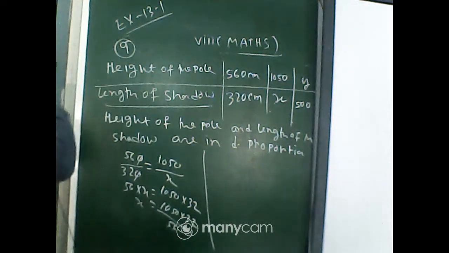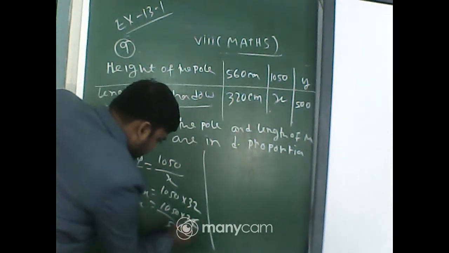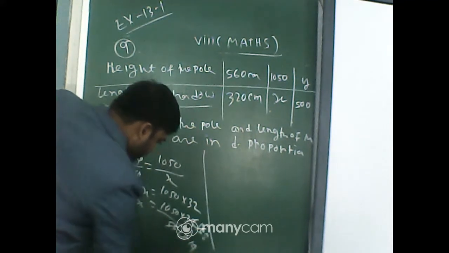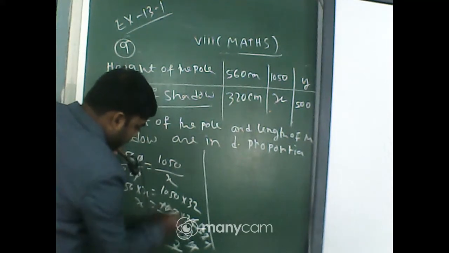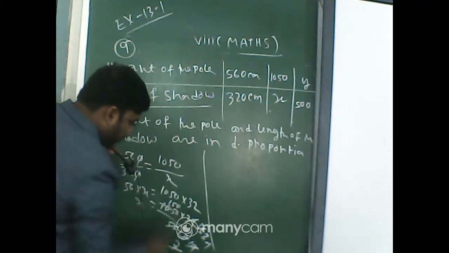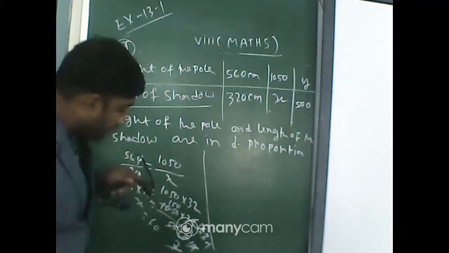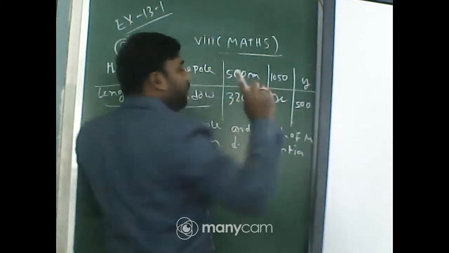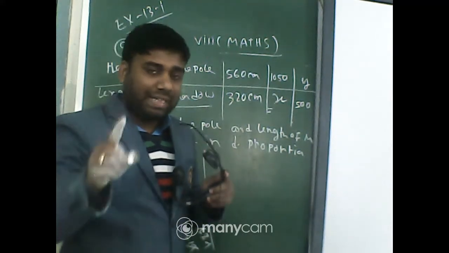First of all, students, cut it by 2: that is 28 and 16. Again by 2: 14 and 8. Again by 2: that is 7 and 4. 7 into 150, that is 600 centimeters.